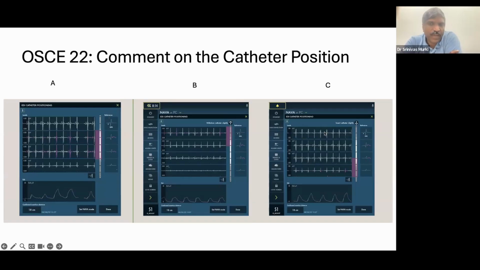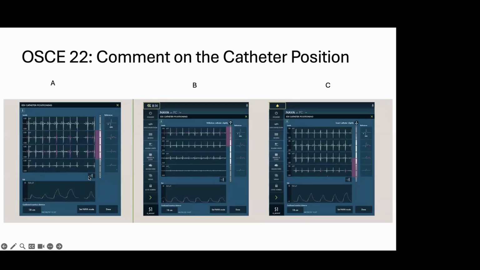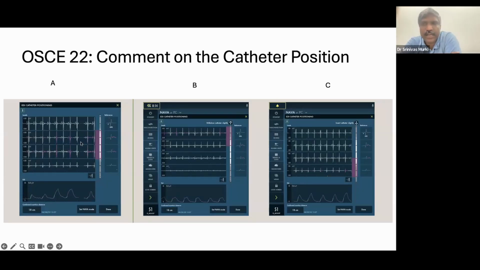So if you are looking at NAVA, the down more part you get the Edi current, which is the diaphragm activity, and the ECG leads will tell you whether your esophageal catheter is in place or not. What you have to see is from the top to bottom, the QRS waveforms will decrease in amplitude. You can see here how it is decreasing in amplitude.